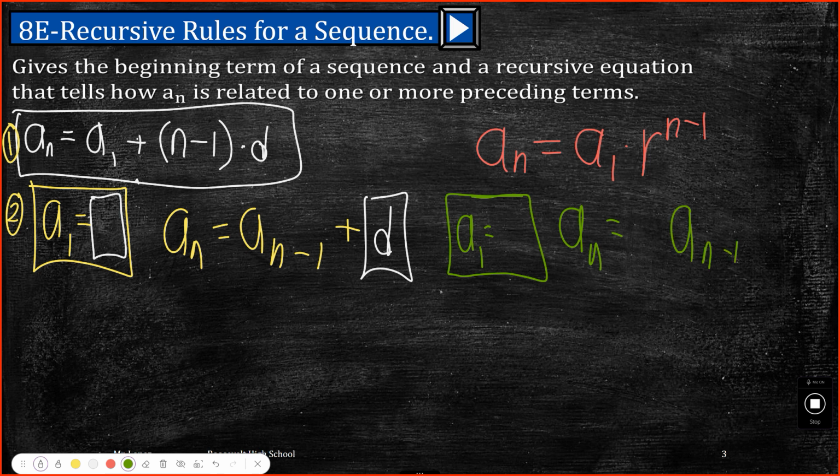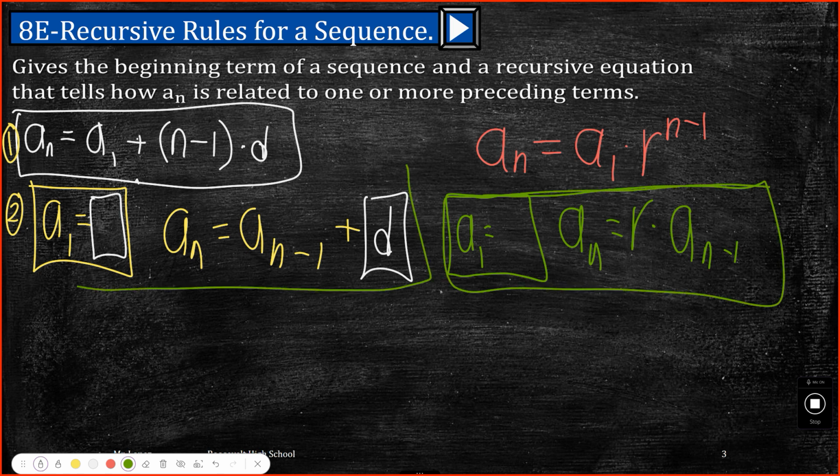But where you're going to put in a number is going to be right here in the middle, in the front, just like right here. But it's going to be r. It's going to be r that you put there. That's why it's r a n. I remember it was r a n. So there it is. This is what you need to know.